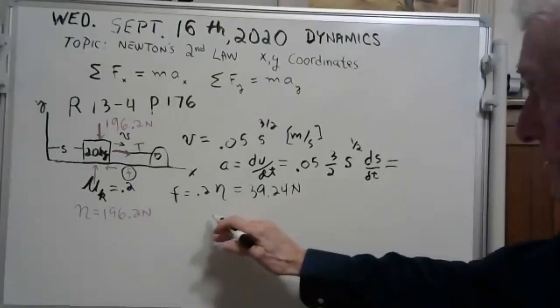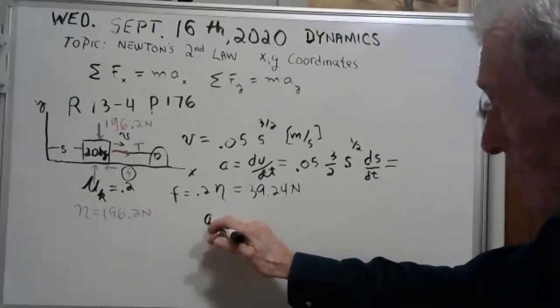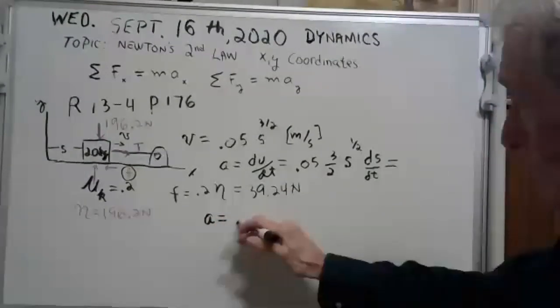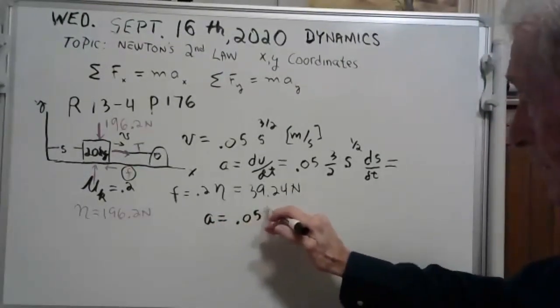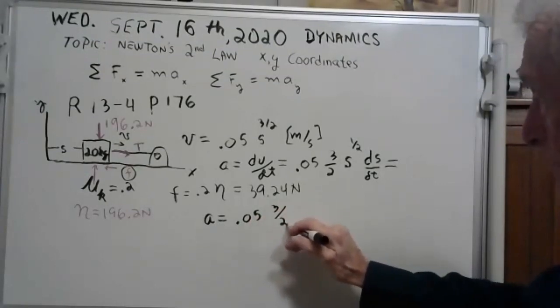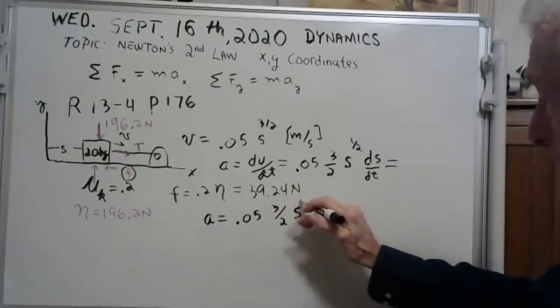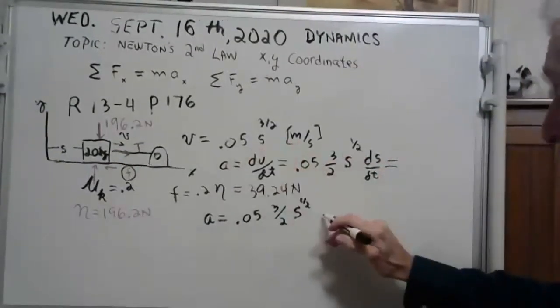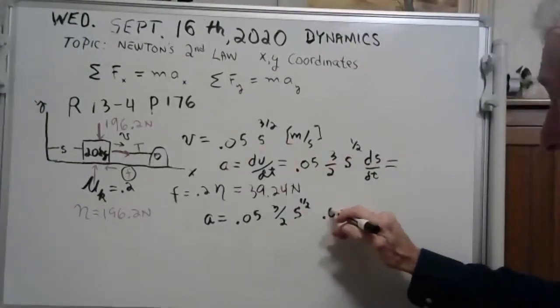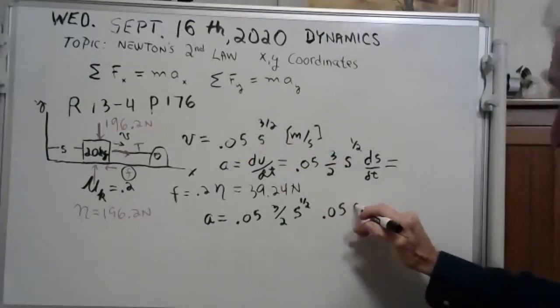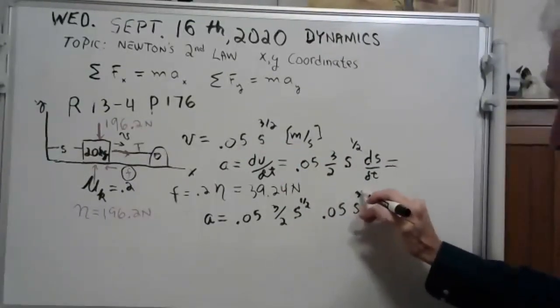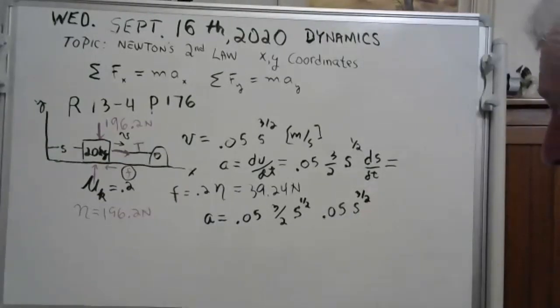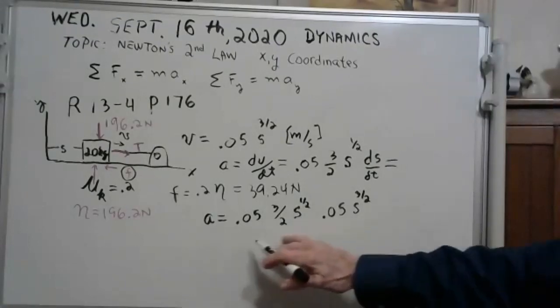Now let's see, we have all this stuff. Let me write this down now. We have 0.05 s to the 3/2 times... s to the 1/2 times v, which is 0.05 s to the 3/2. Okay, and now what we're going to do is just clean that up a little bit.